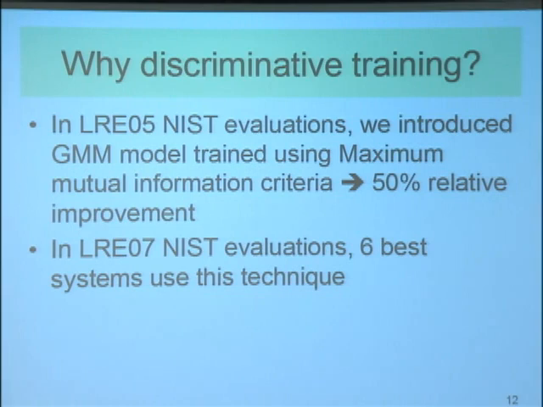In this case, those were discriminatively trained Gaussian mixture models using the maximum mutual information criterion, and we actually got 50% relative improvement compared to the conventionally ML trained models. And in 2007, if you look at the 6 best systems in those evaluations, you could see that all of them use discriminative training. So it really seems to be effective.